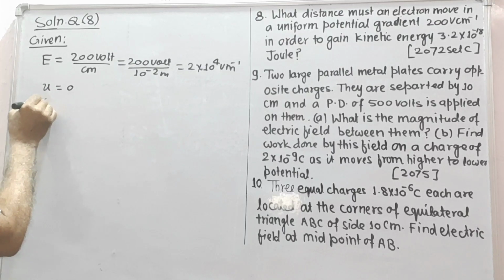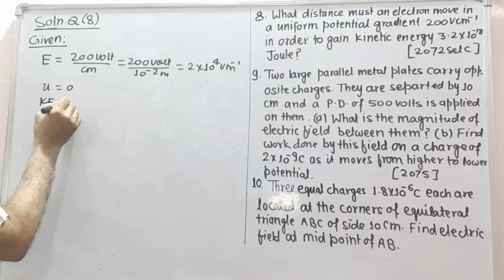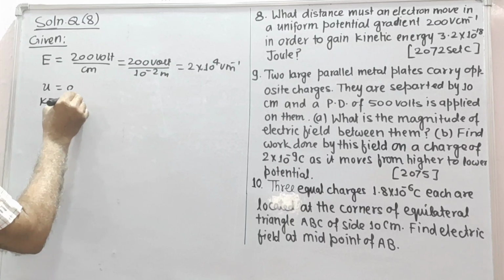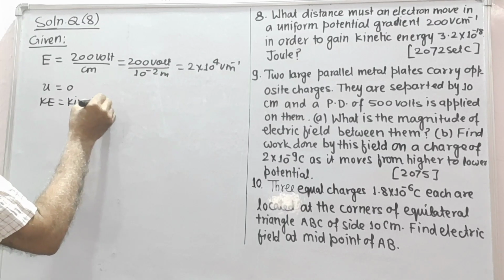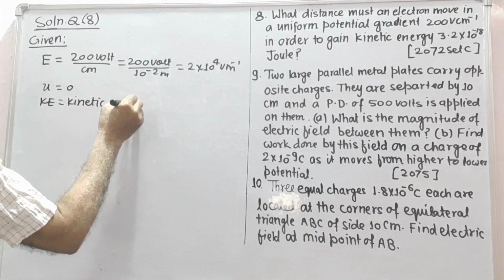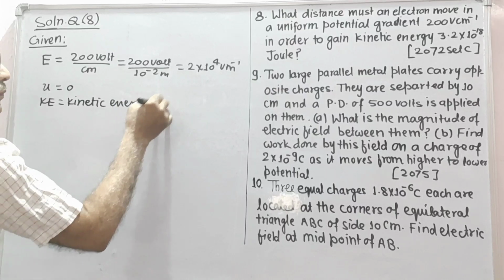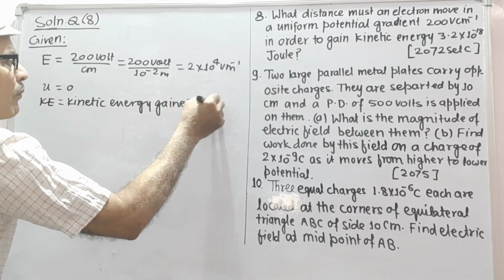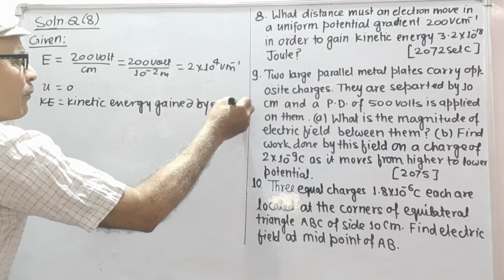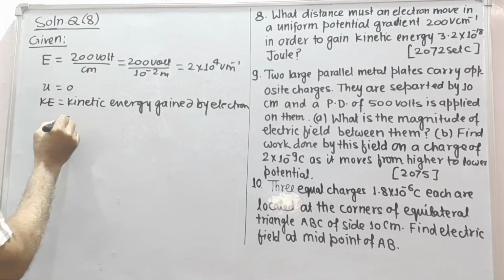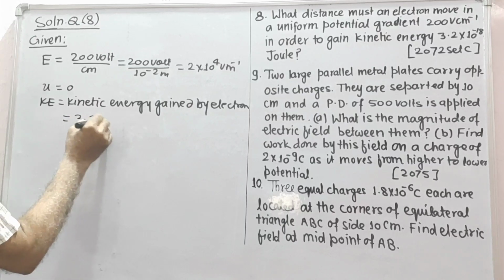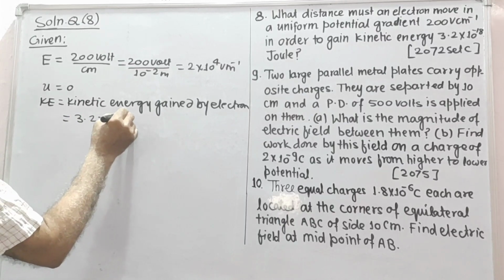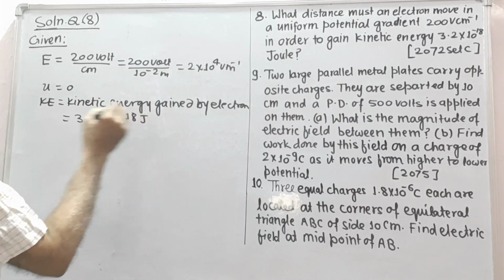Kinetic energy gained by electron is 3.2 into 10 to minus 18 joules.